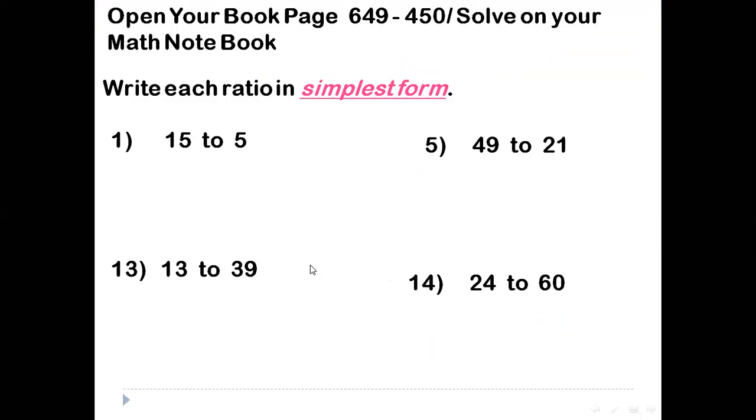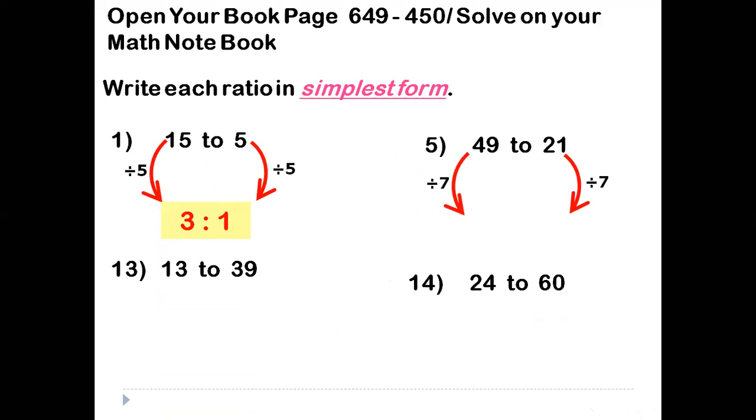Let's check the answers. Number 1, we divide 15 and 5 by 5 to get this simplest form. 49 to 21, the greatest common factor is 7. So when you divide by 7, you get 7 to 3. Number 13, 13 to 39, we can divide each of them by 13.